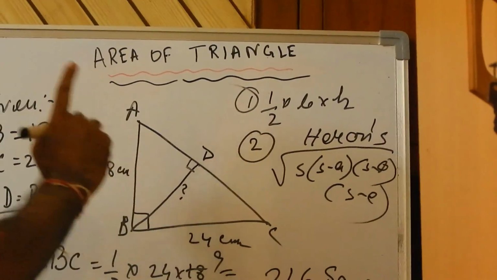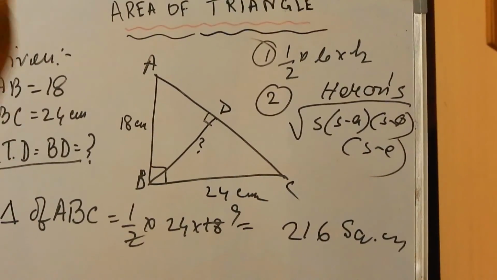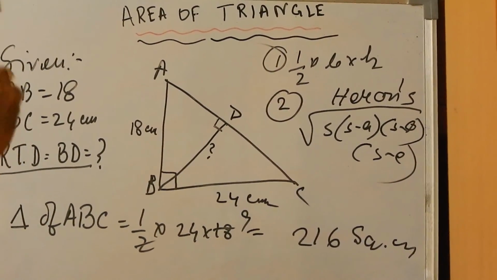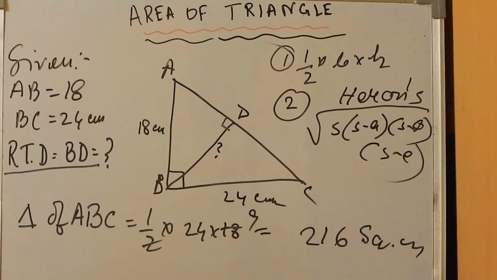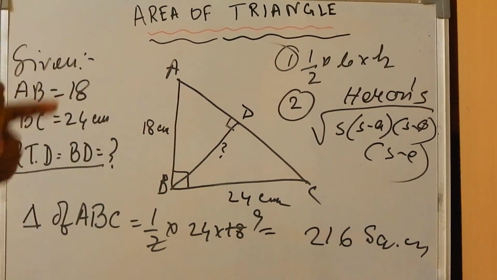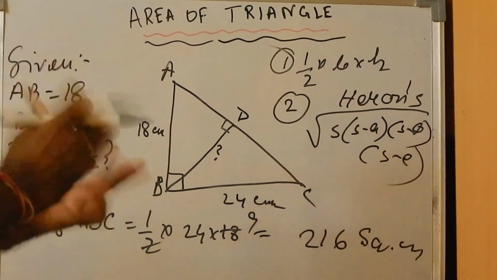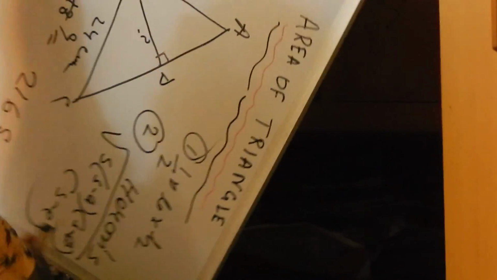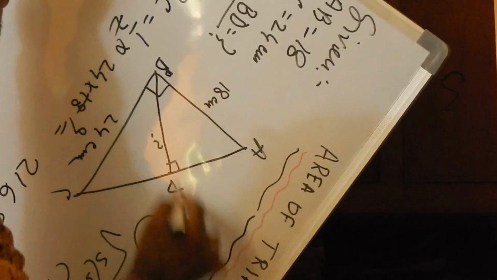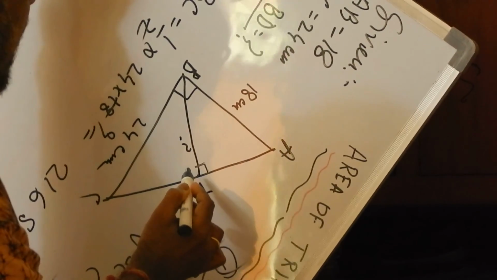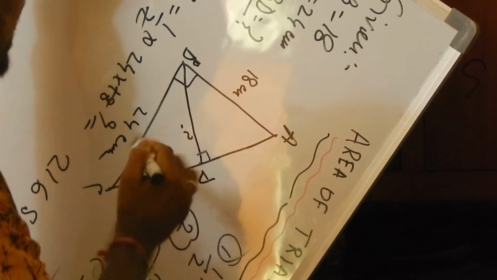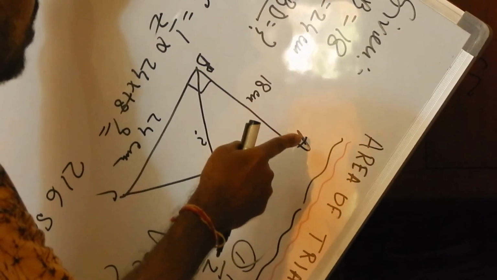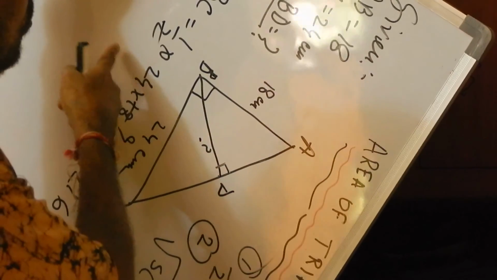Where the perpendicular falls in any triangle, that line is to be taken as the base. BD falls on AC, so BD can be taken as the height. This triangle has two heights. One was AB, which we used earlier.